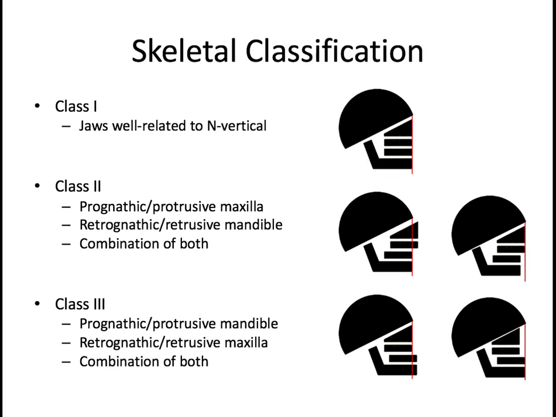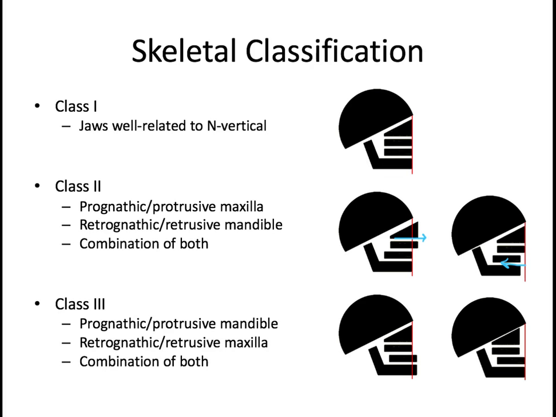So in class 2 skeletal malocclusion, we have a prognathic or protrusive maxilla where the maxilla sticks out too far, or we have a retrognathic or retrusive mandible where that is too far back from the N vertical line, or we can have a combination of both. I included these two terms because retrognathic, retrusive, and prognathic, protrusive are sometimes used interchangeably, and they're basically synonymous.